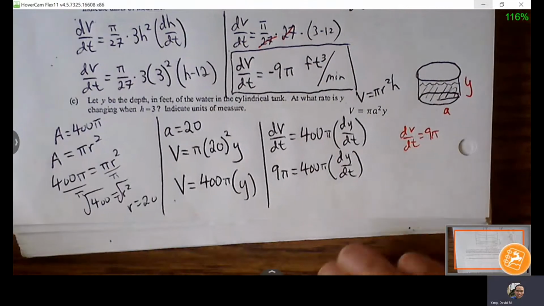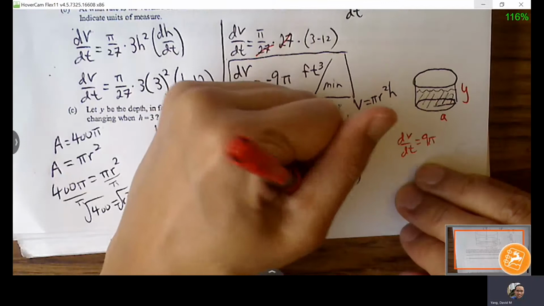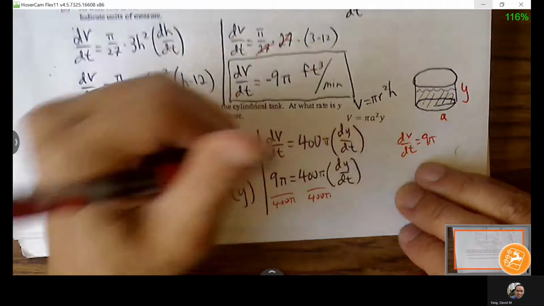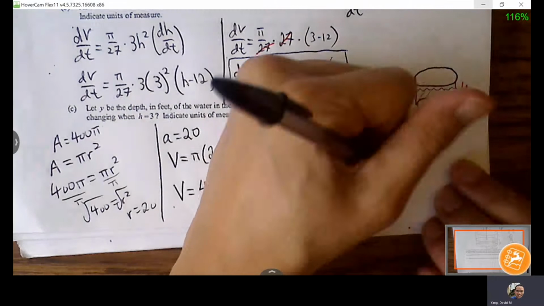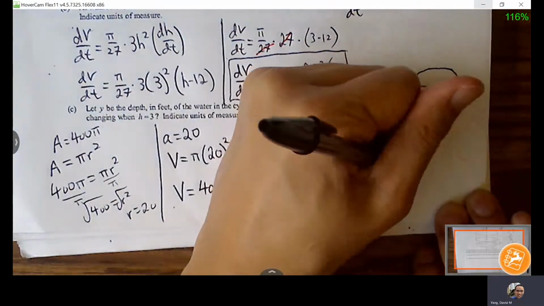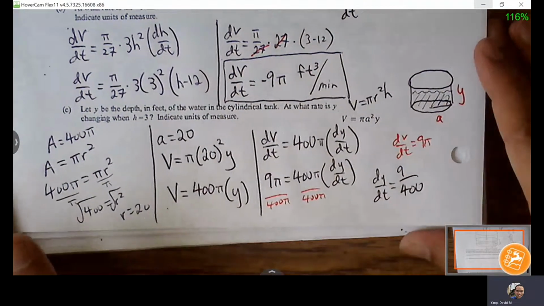Divide both sides by 400 pi. Pi's cancel out. Okay, what's our unit of measure?